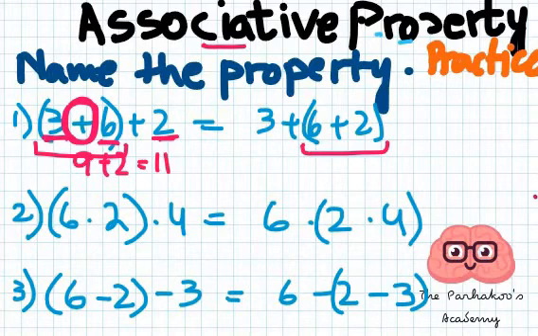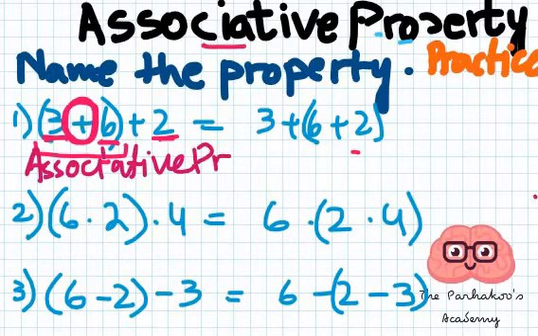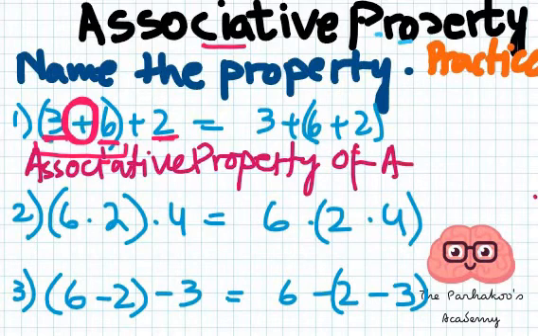Here as well, 6 plus 2 is 8, 8 plus 3 is 11. So yes, it is valid. That means the way we group does not matter, it produces the same result. You can write it as associative property of addition.